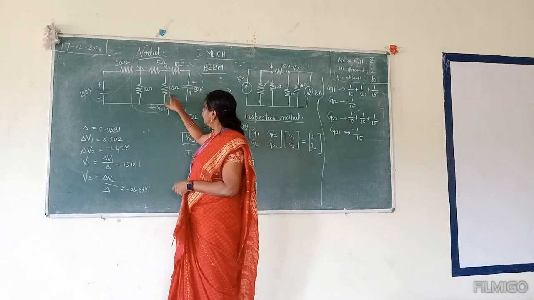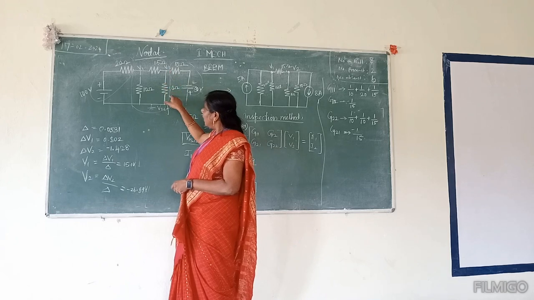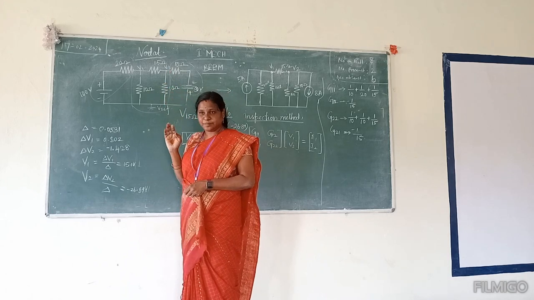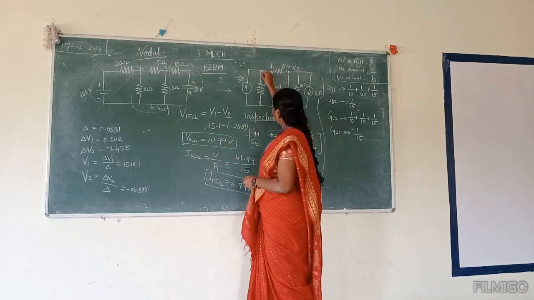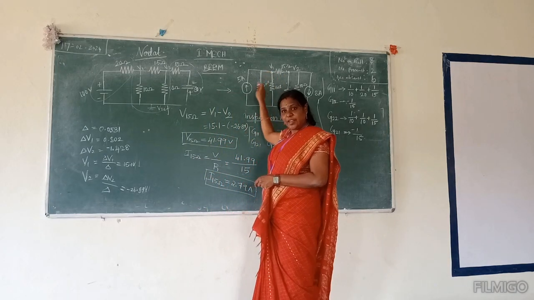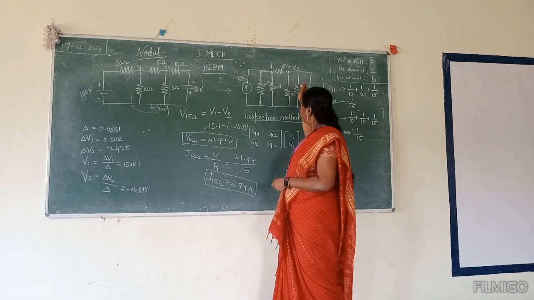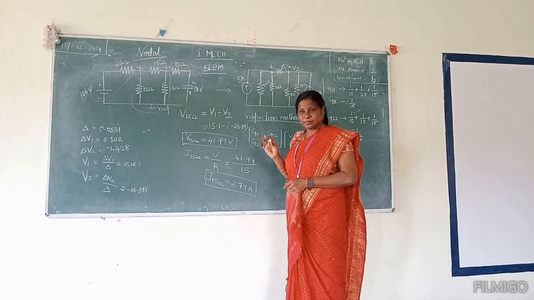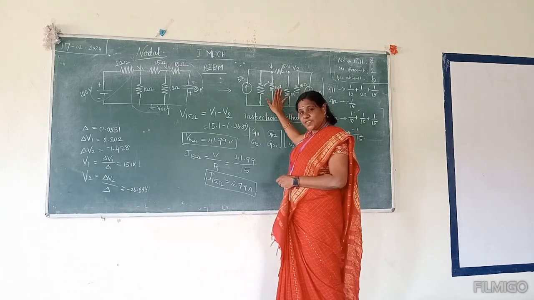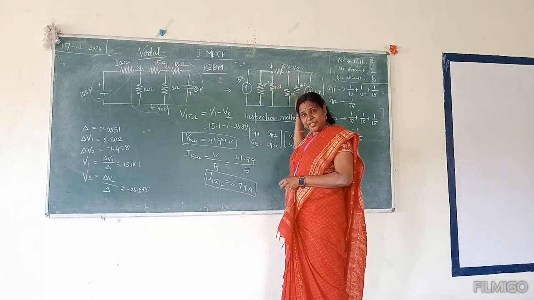Okay, right? Current through this 10 ohms means again V2 by R. So whatever nodes connected, this both V1: V1 by R, V1 by R. This is V2 by R, V2 by R. This alone is V1 minus V2 divided by R. Understand?